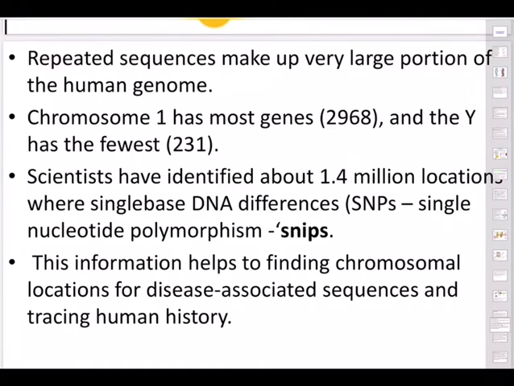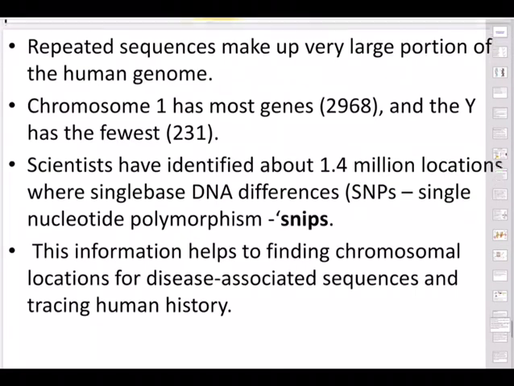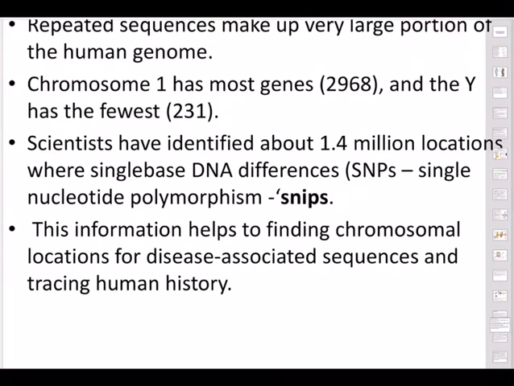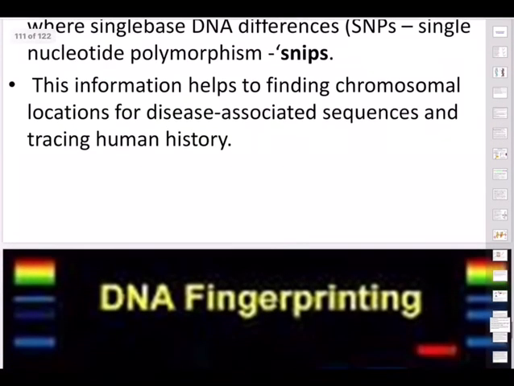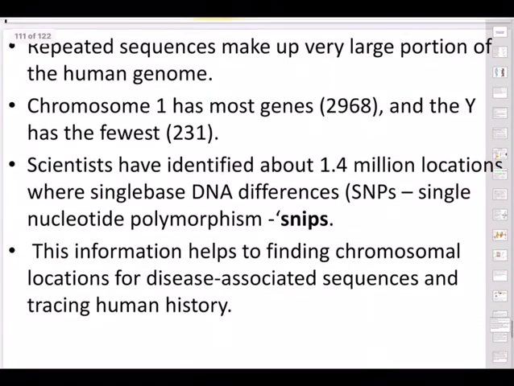Scientists have identified about 1.4 million locations where single base DNA differences, that is SNPs, single nucleotide polymorphisms, occur. This information helps in finding chromosomal locations for disease associated sequences and tracing human history. That is the use of this. So these are all the uses of the human genome project.